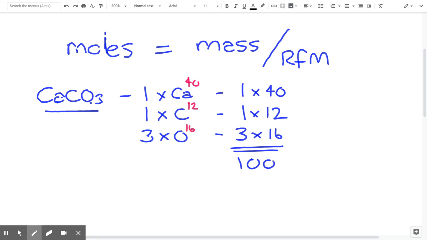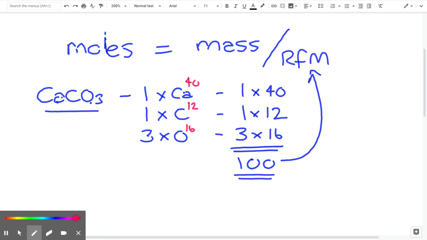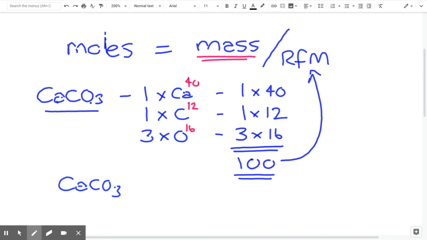So if we now know that the RFM of calcium carbonate is 100, this is the value that would go into here. And now we have a situation whereby if we were given any question which gave us a mass, for example, just make up some numbers, if the question had 25 grams of calcium carbonate, how many moles is that?